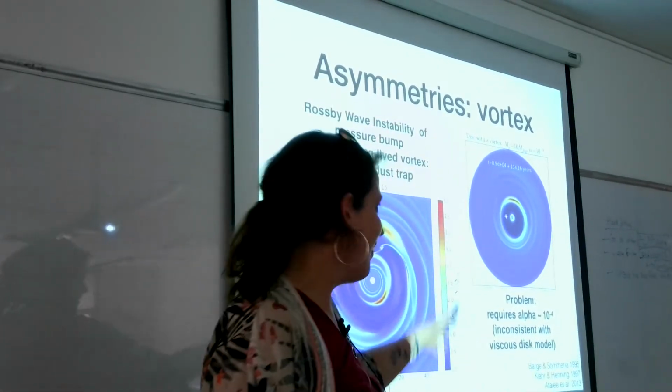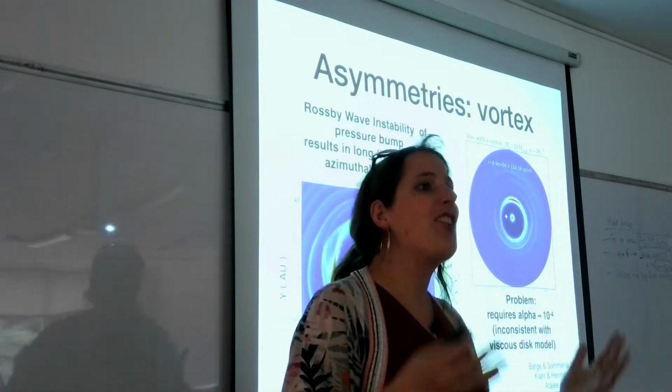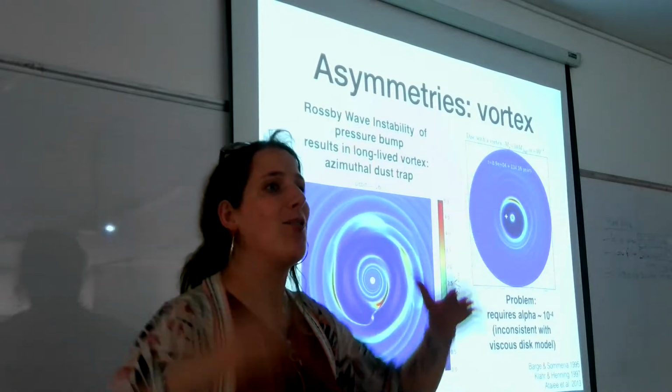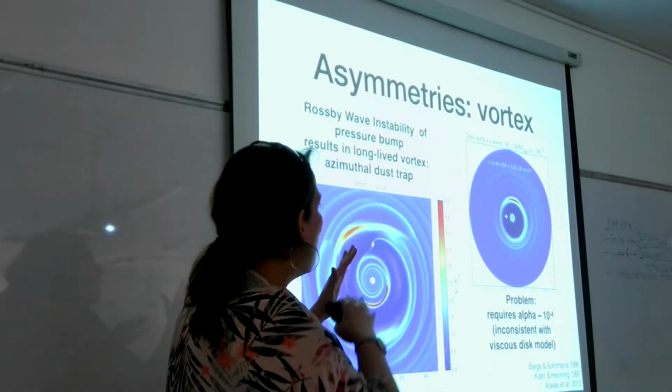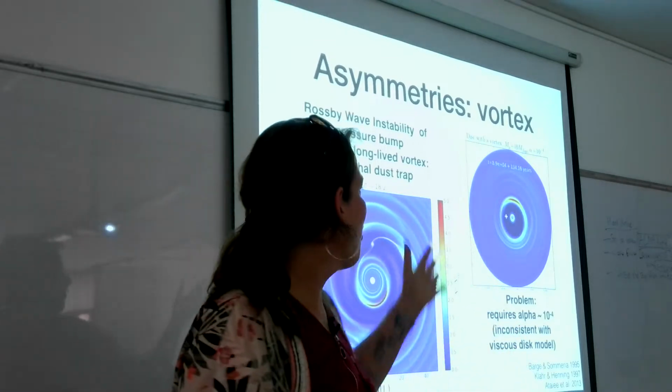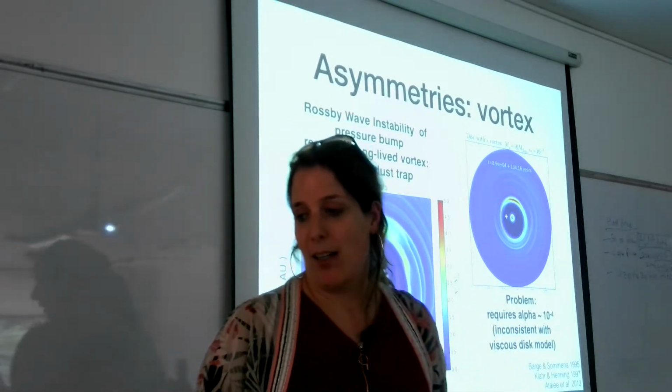And back then, 9 years ago, that still seemed very unlikely because everyone was still a big fan of this viscous disk model with alpha 10 to the minus 2. So essentially, people were skeptical of this explanation, mostly because of this alpha parameter.